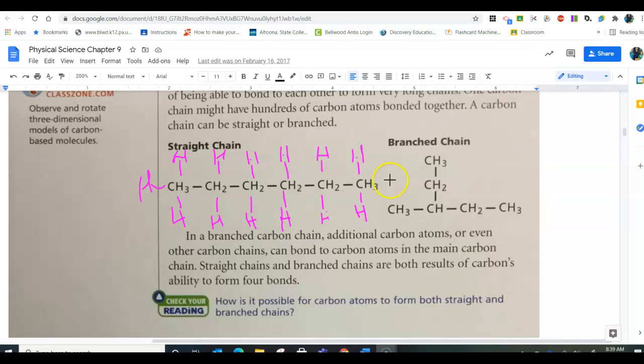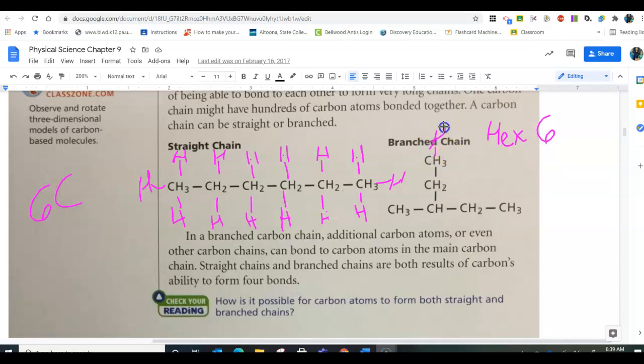Now, these each have 6 carbons. These are what you'll have as one of your vocabulary words, called isomers. An isomer has the same number of carbons and the same number of hydrogens, but is shaped differently. So here you have 1, 2, 3, 4, 5, 6. In this case, this is a branch chained hexane. By the way, 6 means hex. You have 6 carbons, like a hexagon.